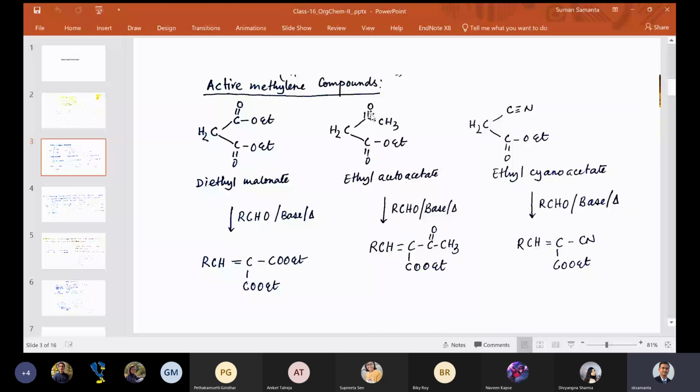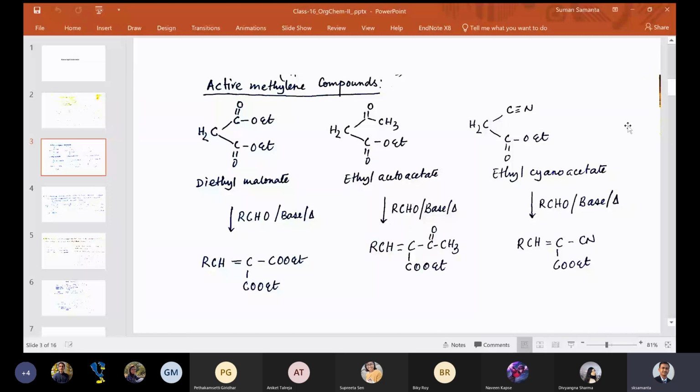You could put one cyano group also, so this is ethyl cyanoacetate. It could also be two CN, then that will be malononitrile. So there are five compounds that mainly belong to active methylene compounds. It could sometimes be nitro also, but we consider these as the main ones.